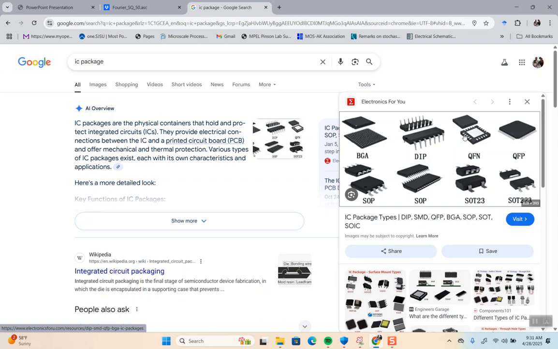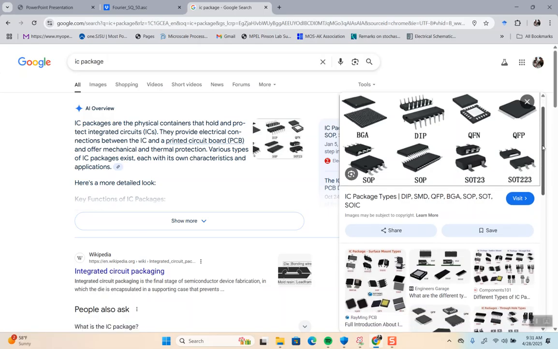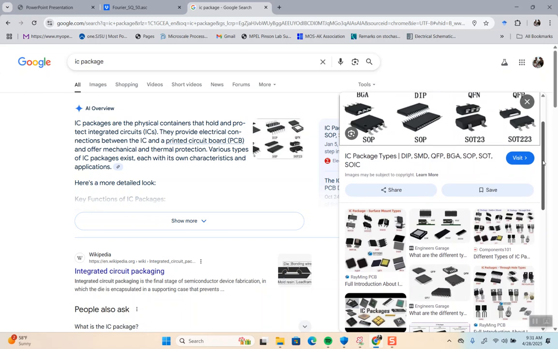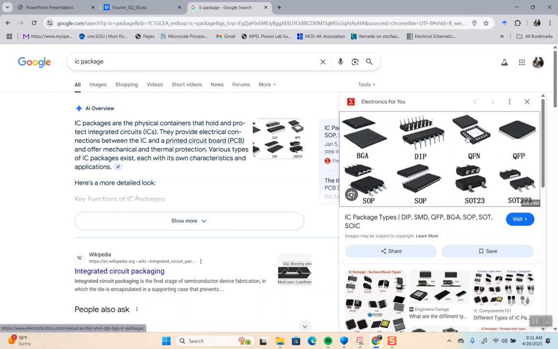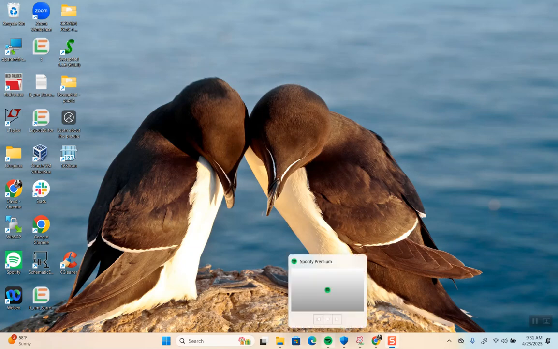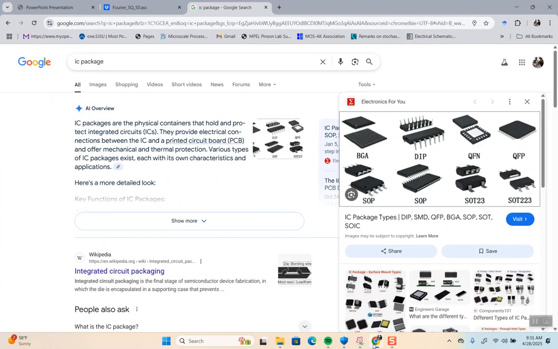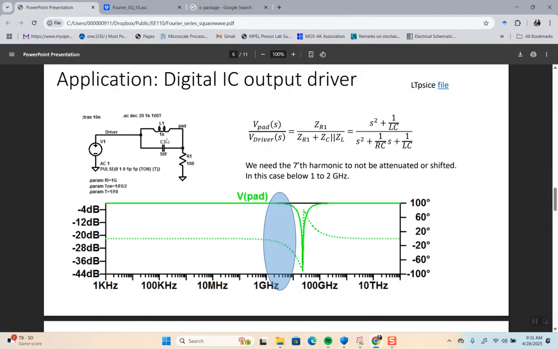And sure, you can have quad flat packs that have less of this lag, but what they're not showing you is the inside of the chip and the wires that are used to connect things. Now there's ball grid arrays and it can be minimized. And actually, for those of you in 153, you might have seen that last week, depending on who your TA was and what microscope you had access to. But you have an inductor, you have a parallel capacitance, and then you have a resistance.